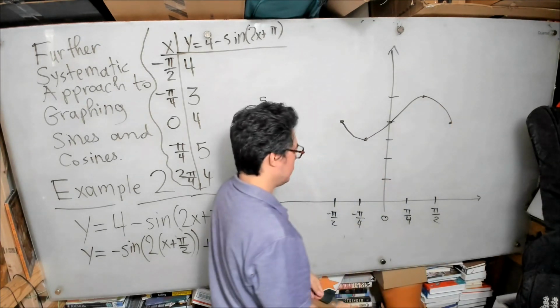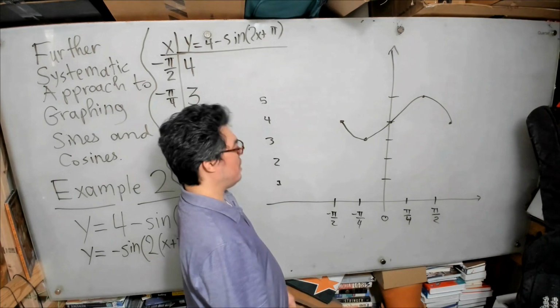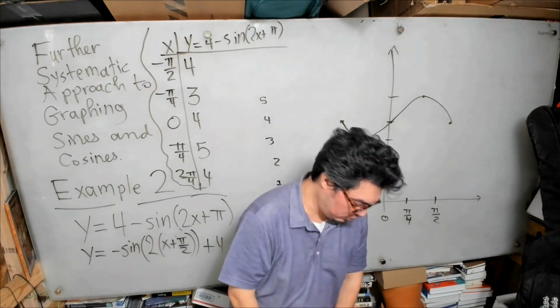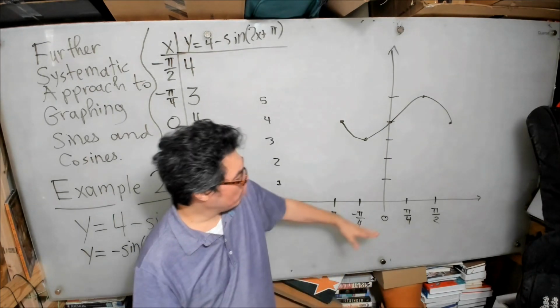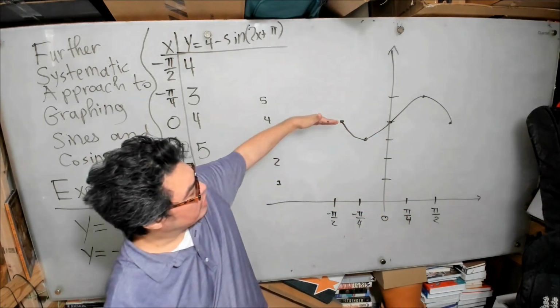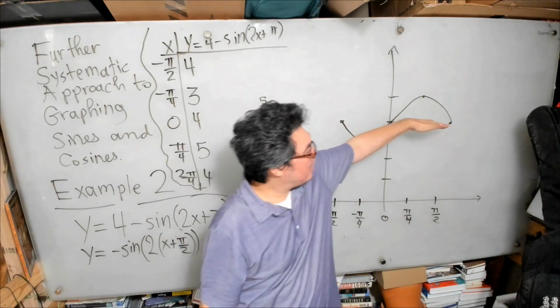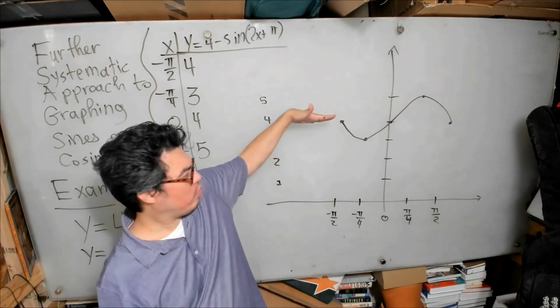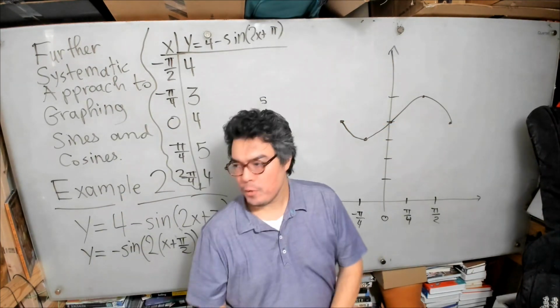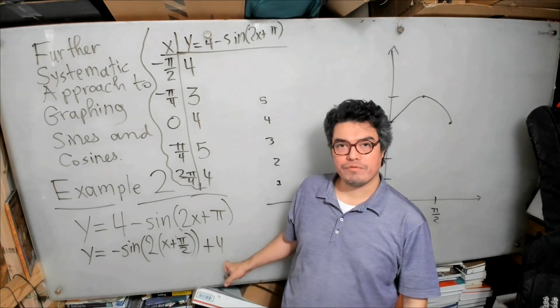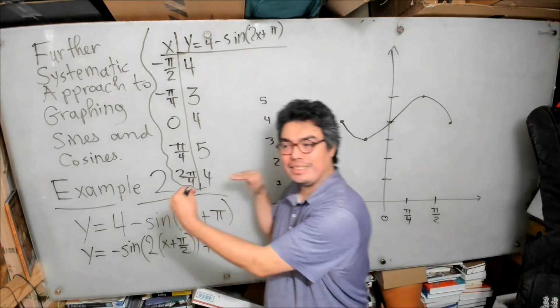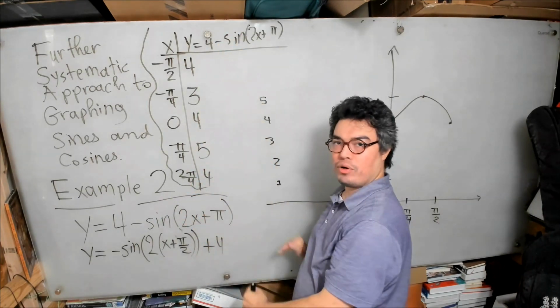Now, let me show you something. If you notice, the center of oscillation is here at y equals positive 4. And so whenever you see, for example, the vertical shift being plus 4, that corresponds to where the center of oscillation has moved up or down.